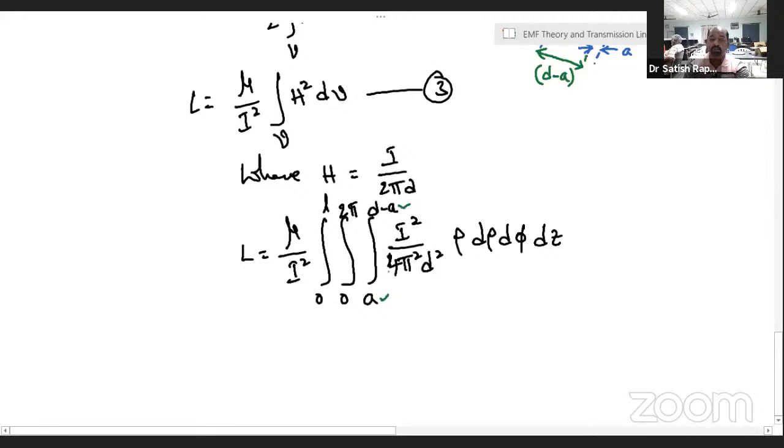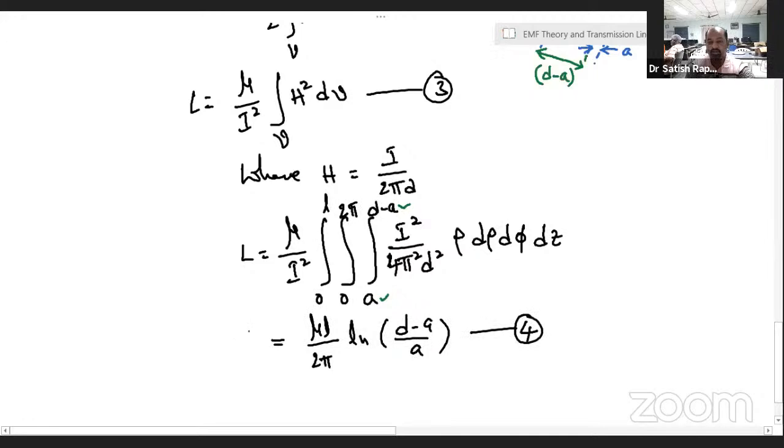That is the only difference between this one and the above topic. So, integrating and simplifying, we will get L equal to mu L divided by 2 pi ln of (d minus a) by a.